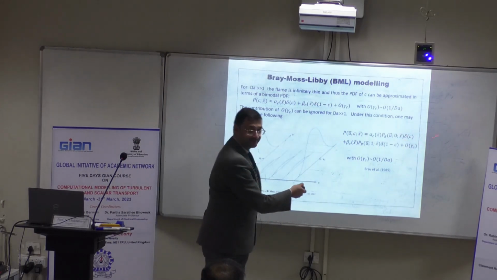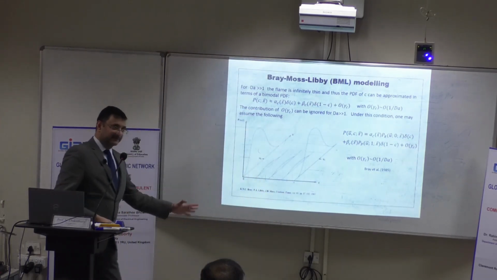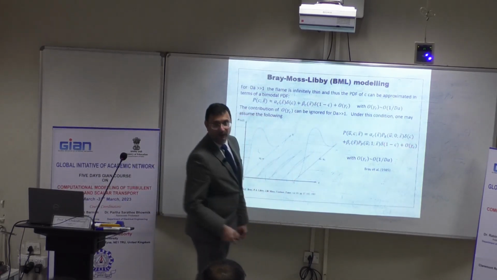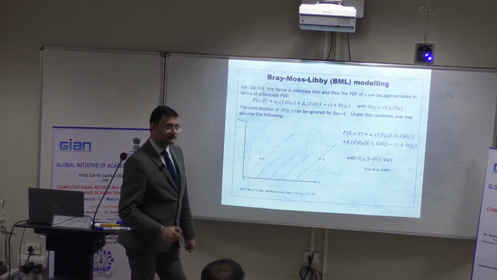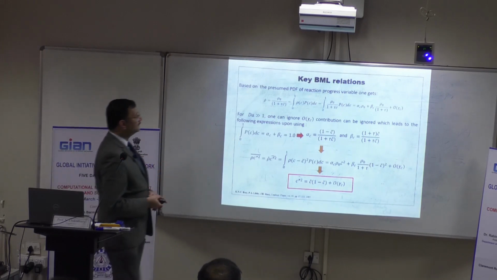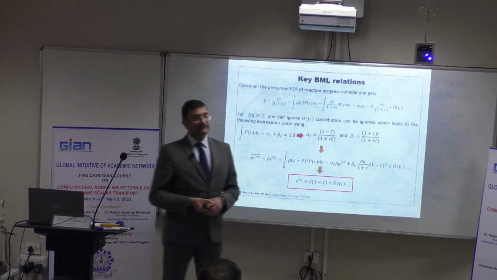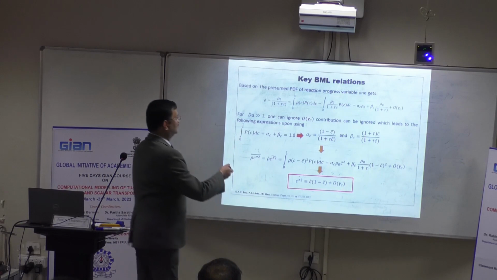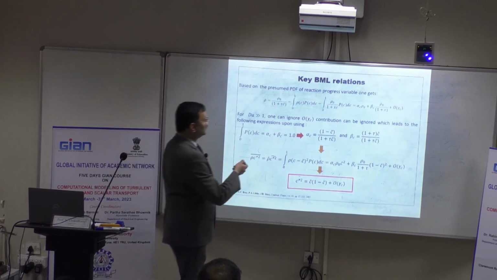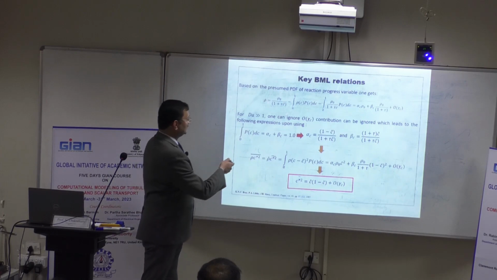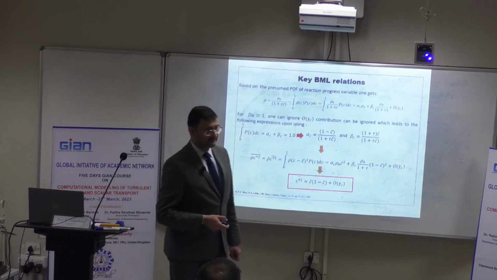You also have the delta function corresponding to reactants, C equal to 0. You have another delta function at C equal to 1. Okay. Now, if I consider my density is only a function of reaction progress variable, based on the property of the probability density function, I can actually use this one, and that can lead to this relation where rho 0 is the unburned gas density.